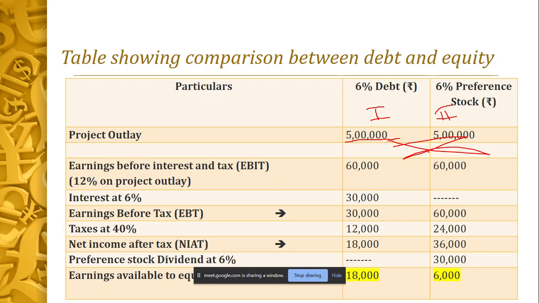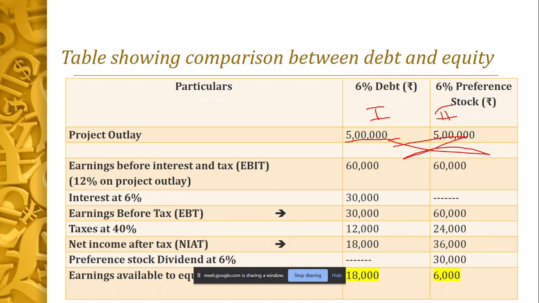Now, we have a component which is earning before interest and tax. From that, first we are going to pay the interest that we will have to give in for the debt that we have bought, right? So, interest at 6%. 6% on 5 lakh is nothing but 30,000. That is in first scenario.